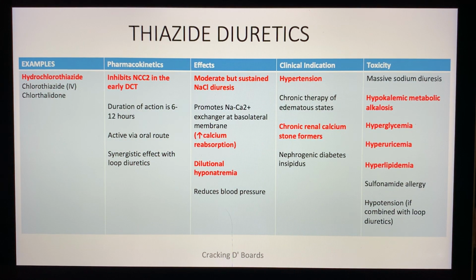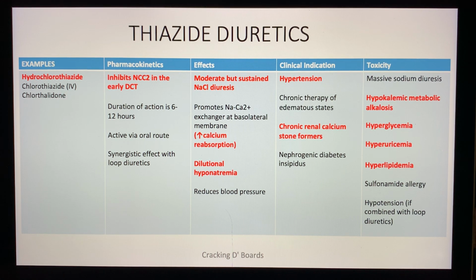Now, summed up table, we have the examples. Prototype is hydrochlorothiazide. We have chlorothiazide, chlorthalidone. Now, those with short-term memories preparing for an exam, just memorize hydrochlorothiazide. And don't forget, it is chlorothiazide, which is intravenous.